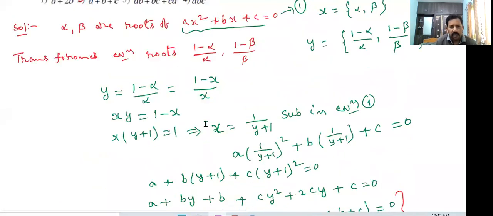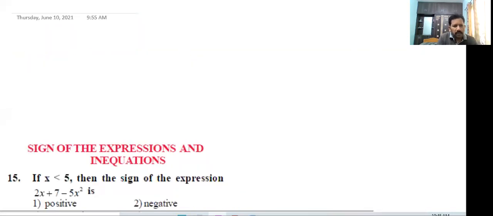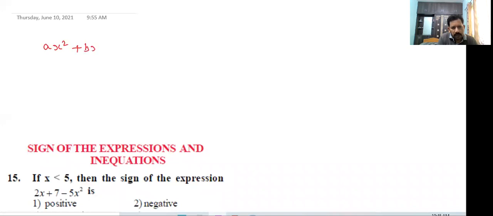Right. Please copy this. Inequality: ax square plus bx plus c greater than 0, or greater than or equal to 0, or less than 0, or less than or equal to 0.